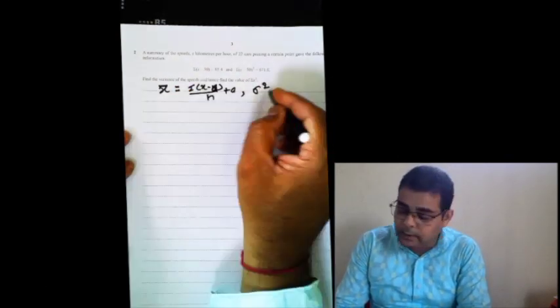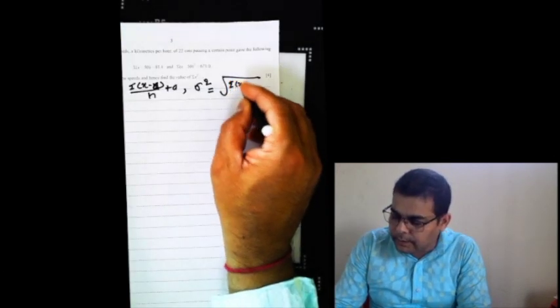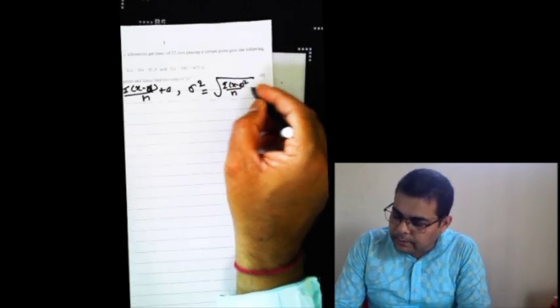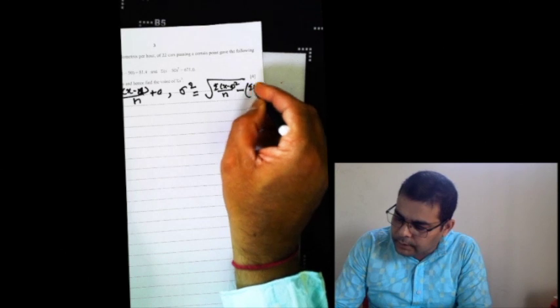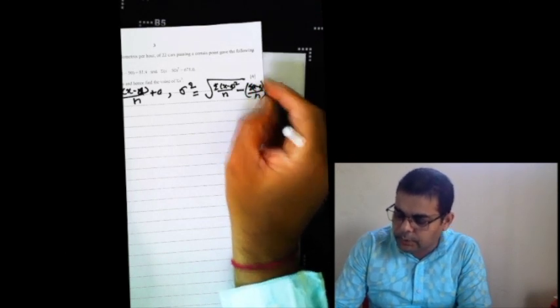So sigma was under the root, summation of x minus a squared by n, and then minus summation of x minus a by n whole square.